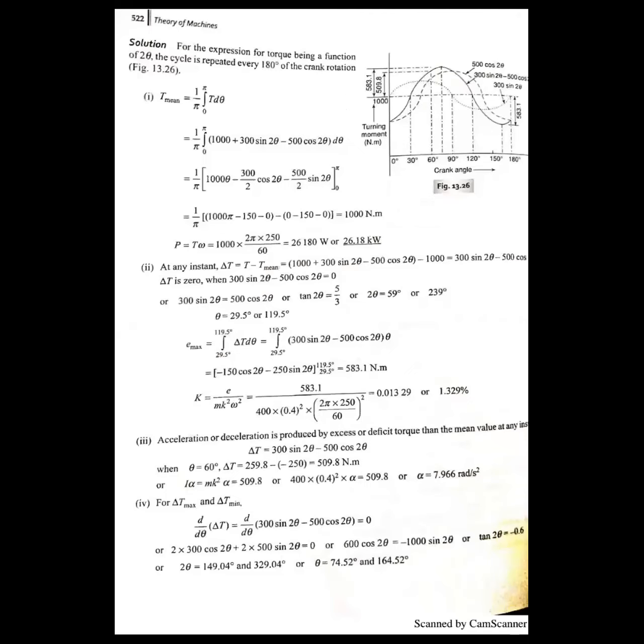So every 180 degrees of rotation, the whole cycle is repeated.